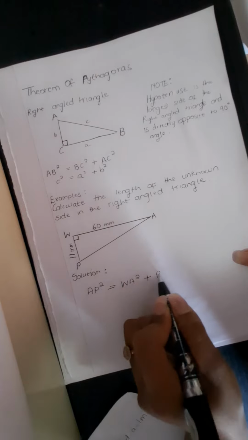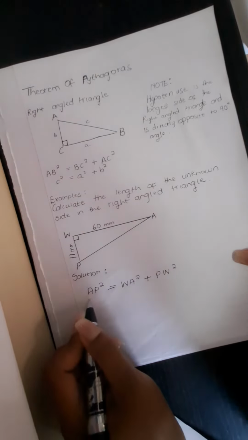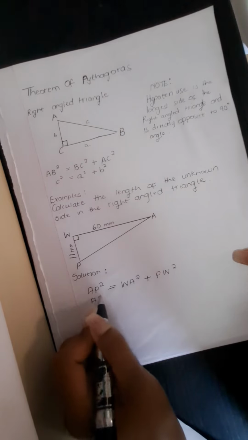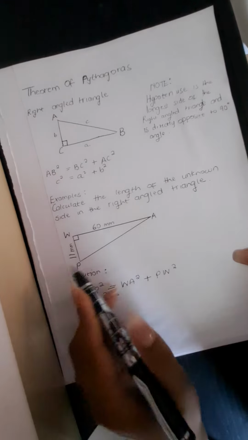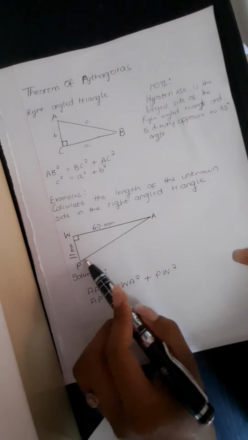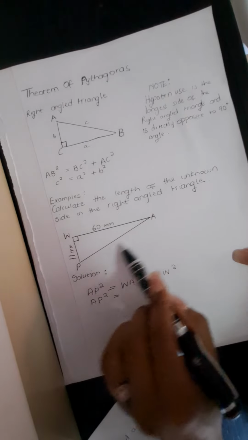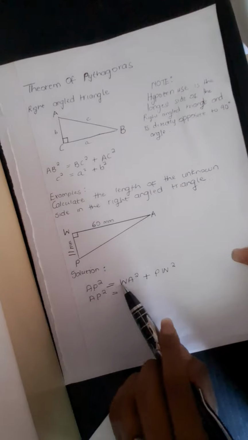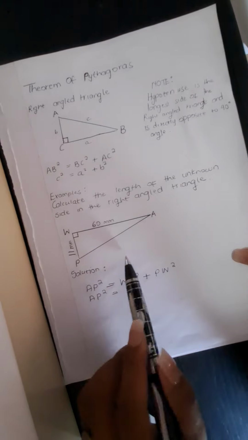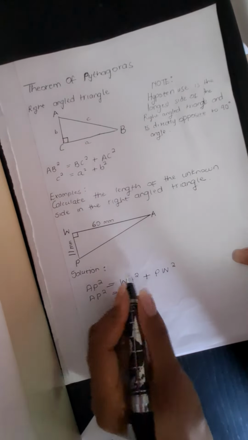squared. And then you bring down AP squared is equal to, remember we are trying to calculate this unknown side because they did not give us the measurement for side AP, but we are given the measurement for WA. In this case, our WA is 60 millimeters.